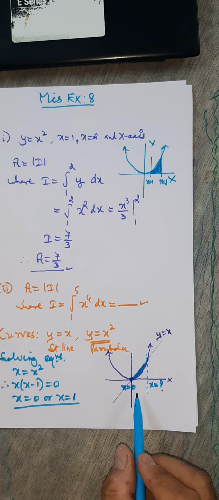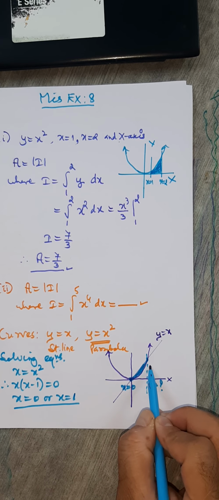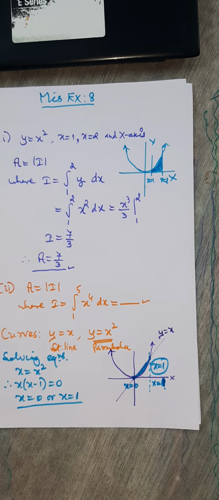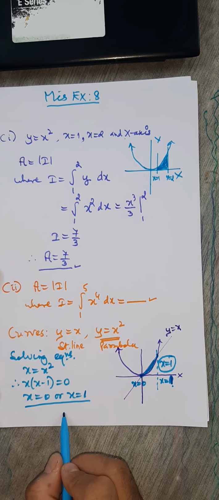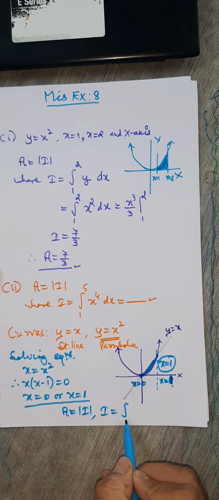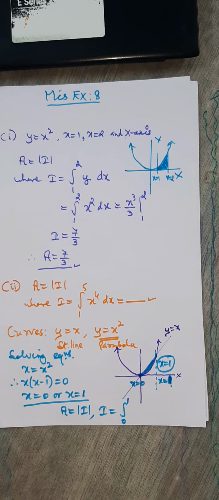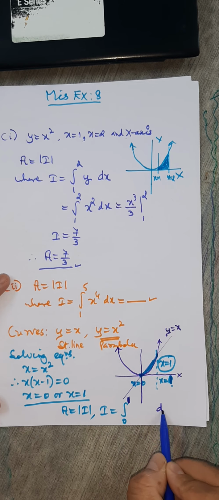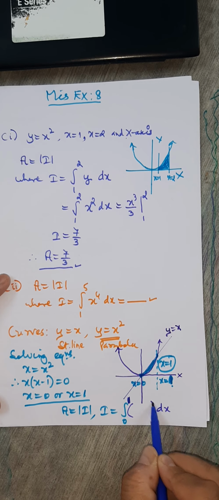0 you had already written, 1 is this. So now this becomes x equals to 1. This is now 1. So area equals to I, where I is integral from where to where? 0 to 1. 0 to 1. Here dx, one function minus the other function.